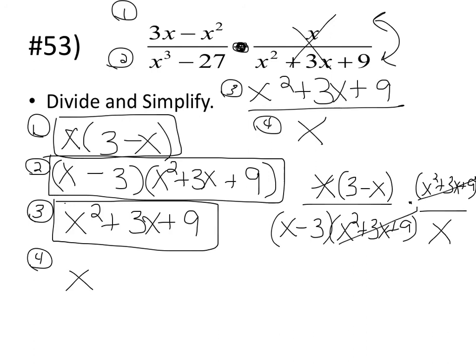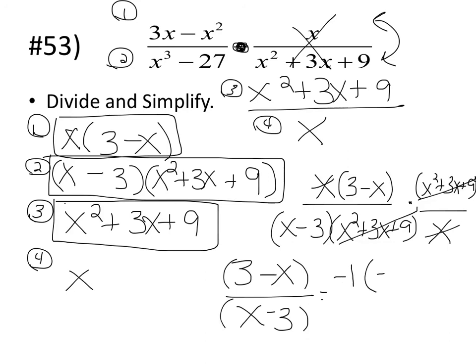These cancel and these cancel. Notice I'm left with 3 minus x over x minus 3. So is there anything I can do about this? Yeah. I can factor a -1 out of this, leaving me -3 plus x, and then I've got over x minus 3.